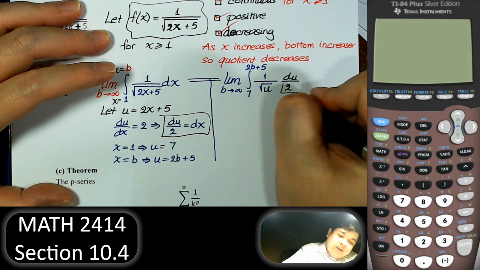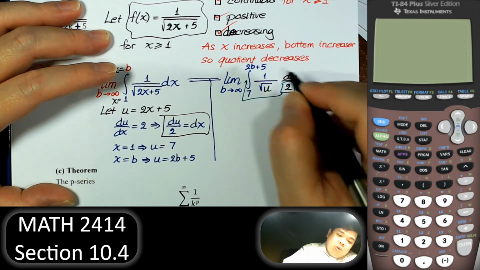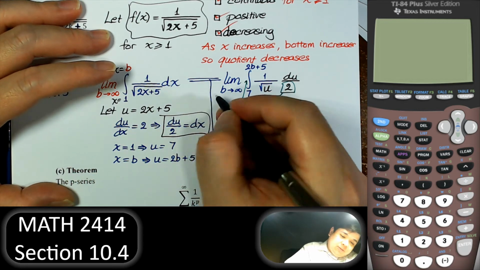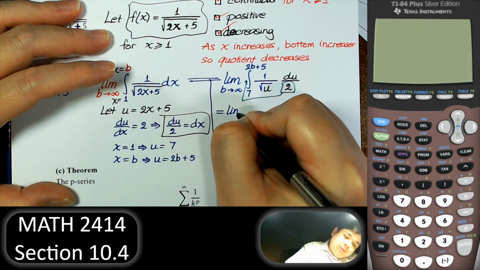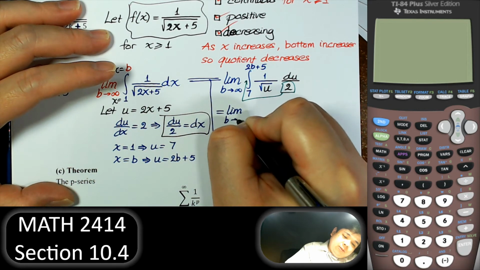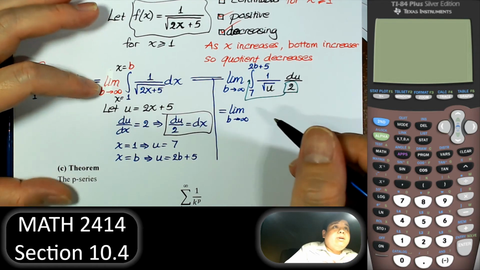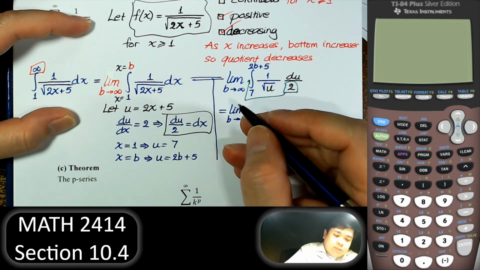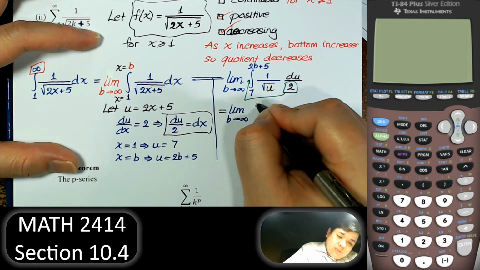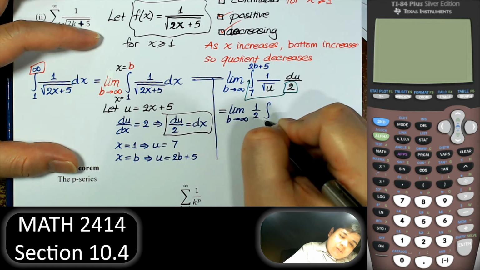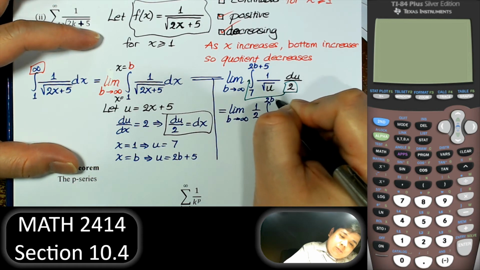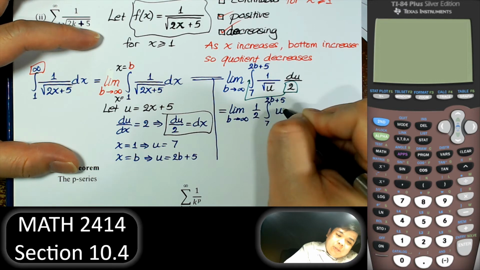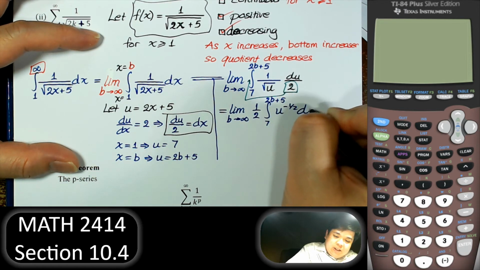Take that 1/2 out. We write this as u to the negative 1/2.